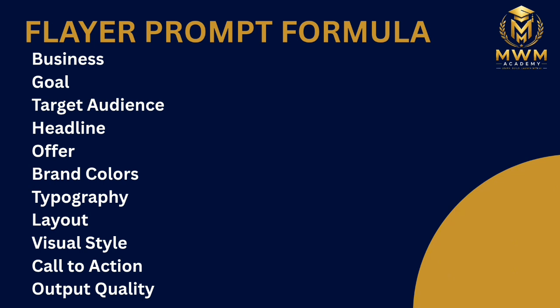And the next one is the offer, in the sense that maybe you want to do discount sales. Something percent discount, or you are giving them a free gift if they buy. You have to let ChatGPT know if there is any offer that you want to give, so it's going to add it to your flyer.